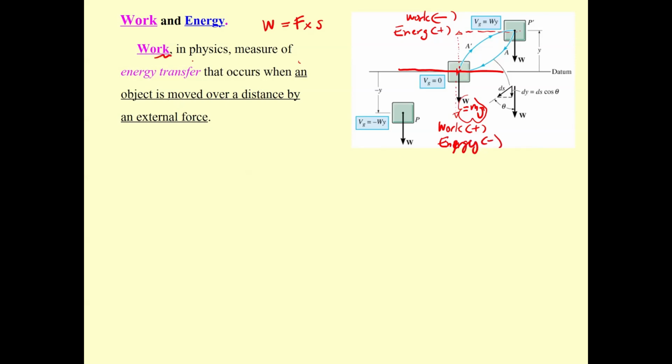So work in physics measures energy transfer from what? From the reference datum. That occurs when an object moves over a distance by an external force. Reference is very important. This one has empty. When you lift it up, the work is negative, and this one possesses positive energy.